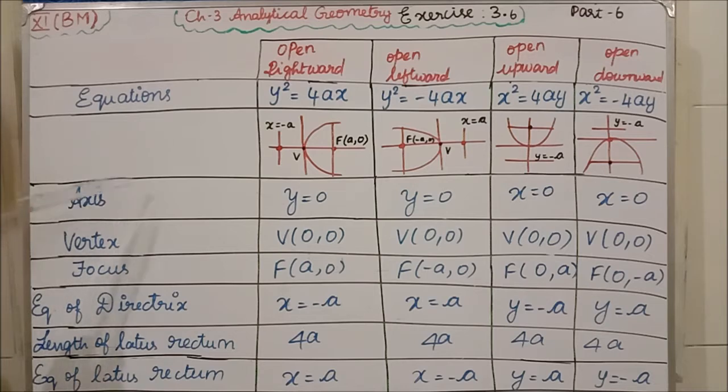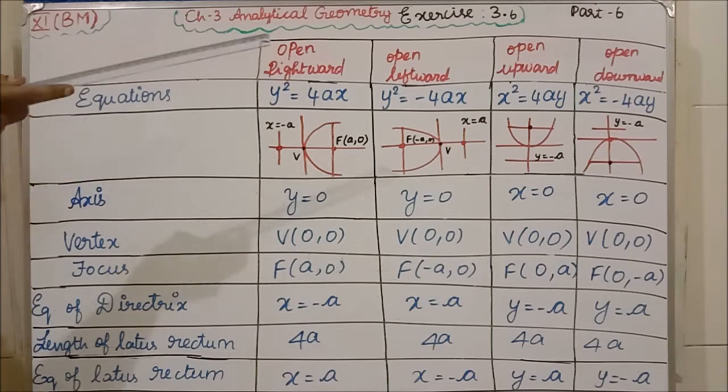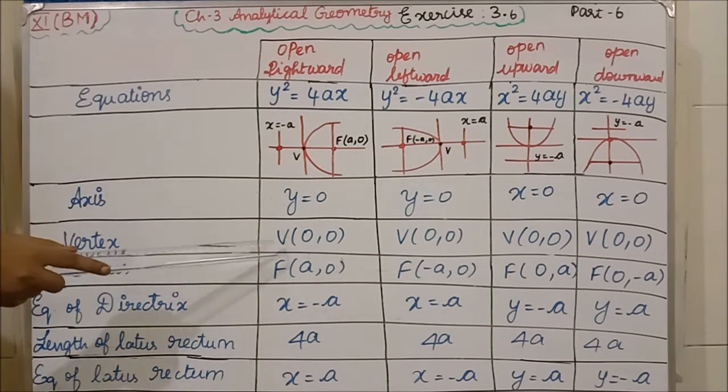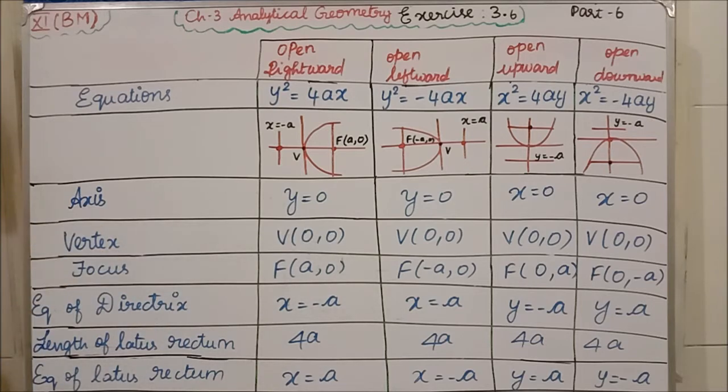See the axis for the open rightward parabola. The axis is y equal to 0. And the vertex, for open rightward, open leftward, upward, downward, for everything the vertex is 0, 0 only. The focus is the fixed point F, so F is a comma 0.